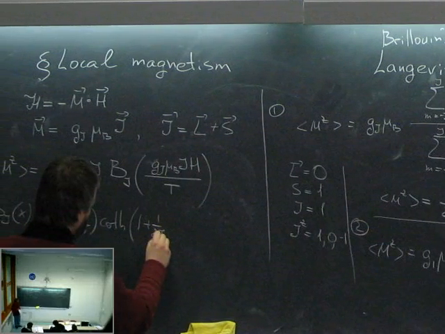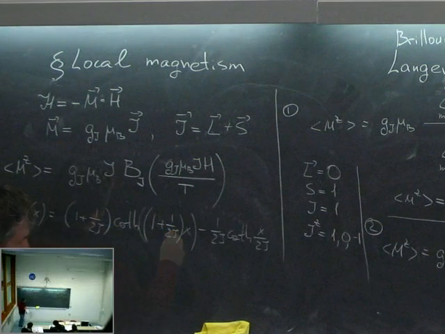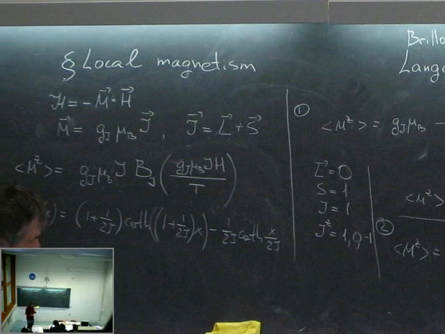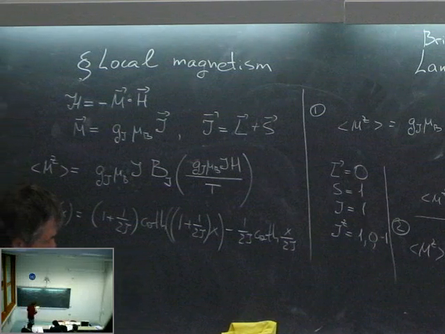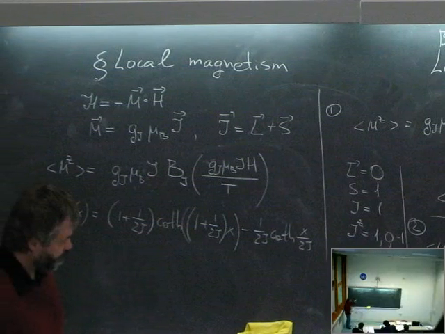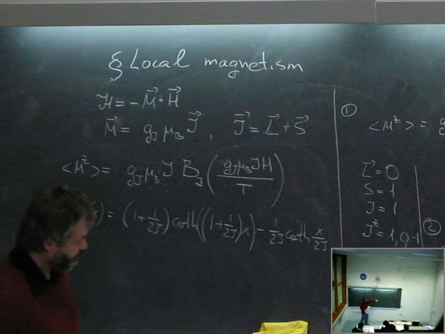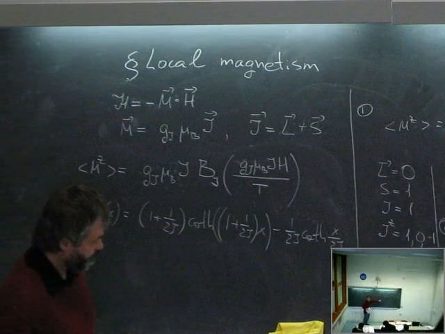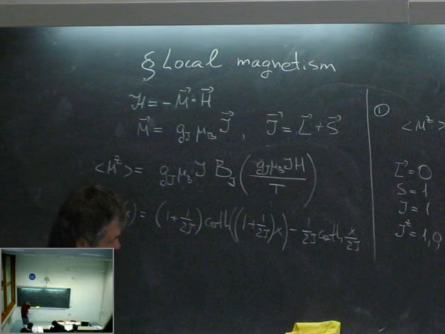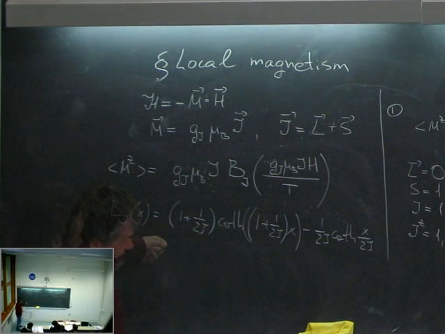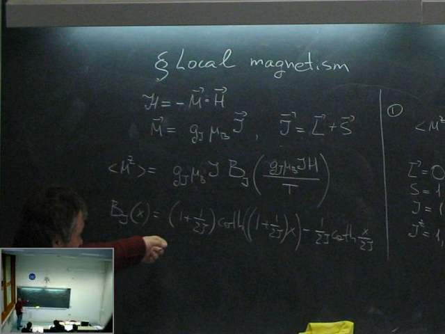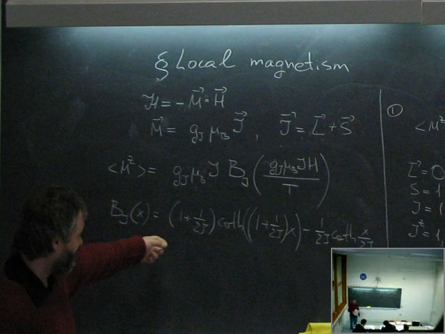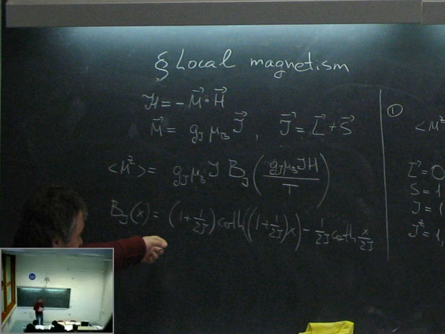So you see, we have this function. And let's study for a while the property of this function. For two simple limits, namely j equal to 1/2, we have this tanh. And those who like to do exercise can check that if we put j equal to 1/2, and we have two different coth, it can nevertheless be simplified into this nice and simple expression.